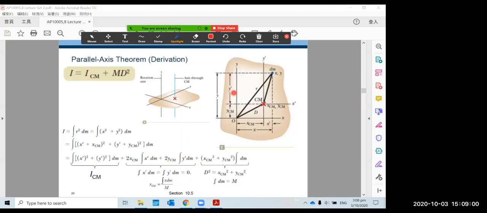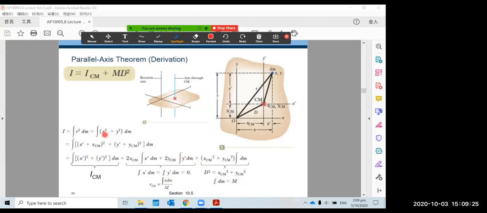So you could calculate the moment of inertia about the z-axis by integrating r squared times dm. r squared, by Pythagoras theorem, is x squared plus y squared, and then dm.